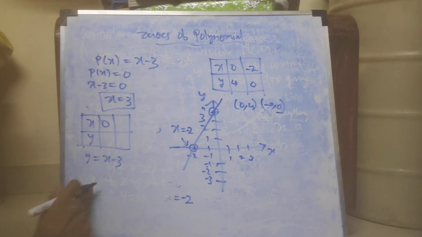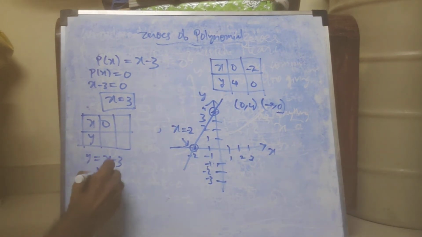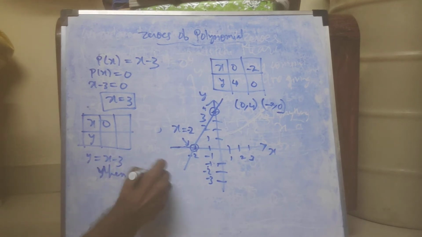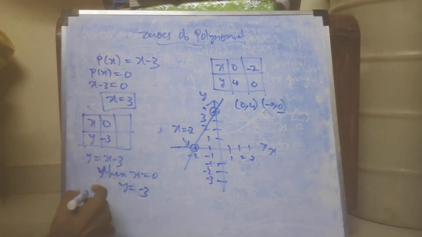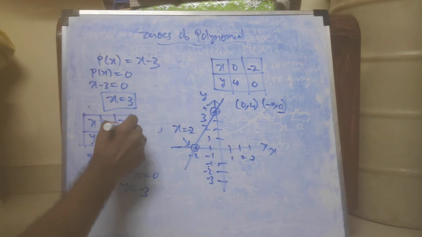When x is 0, y is clearly minus 3. Similarly, when y is 0, x is equal to 3.